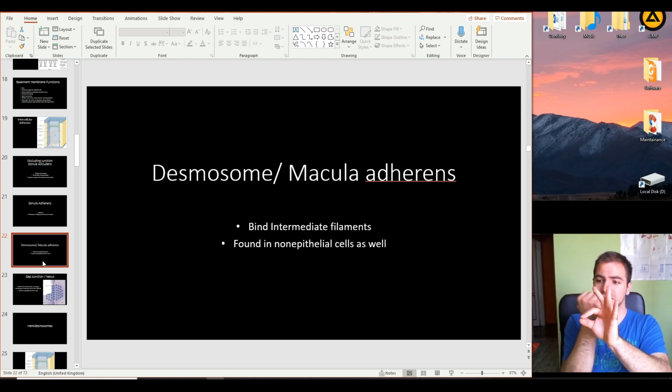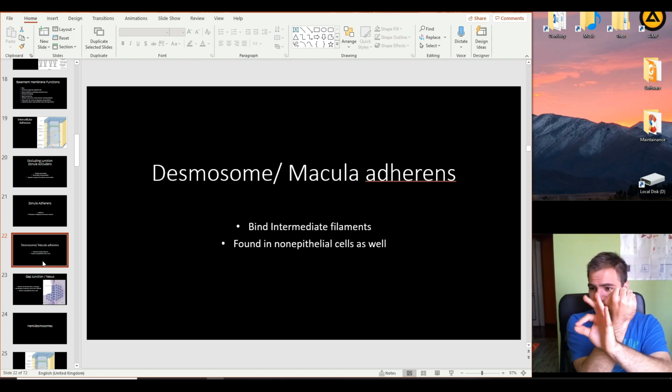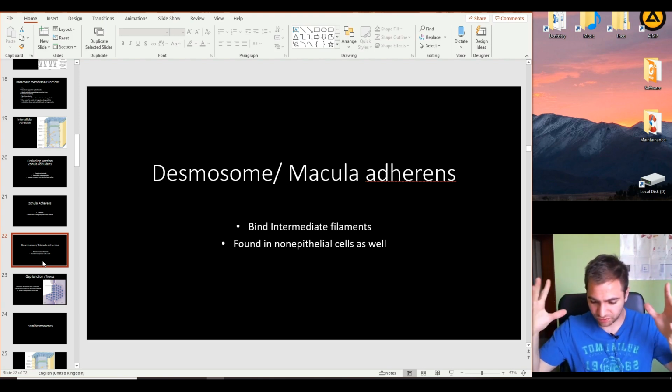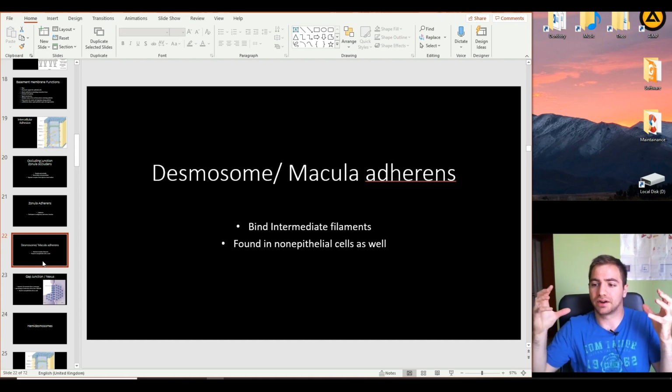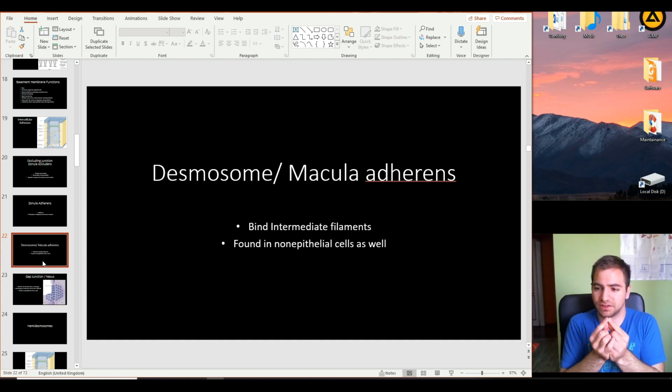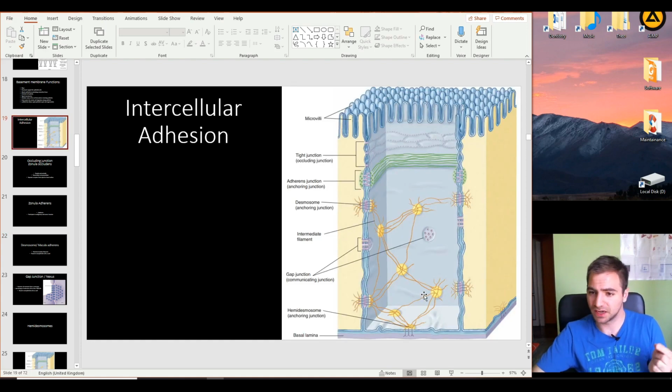And now this desmosome is the one that connects the other cell, so that both intermediate filaments are connected at this binding point of the desmosome. Let's take a look at the picture. These orange fibers are the intermediate filaments. We can see that the desmosome practically combines and connects the intermediate filaments of the two different cells.